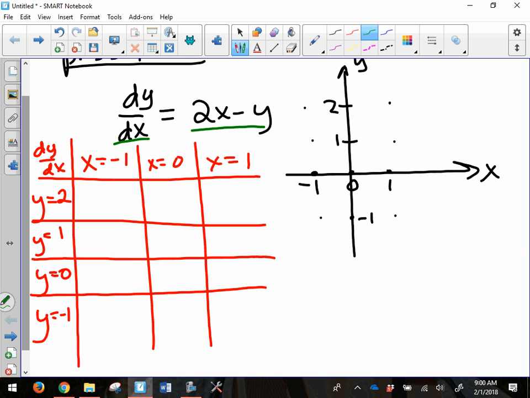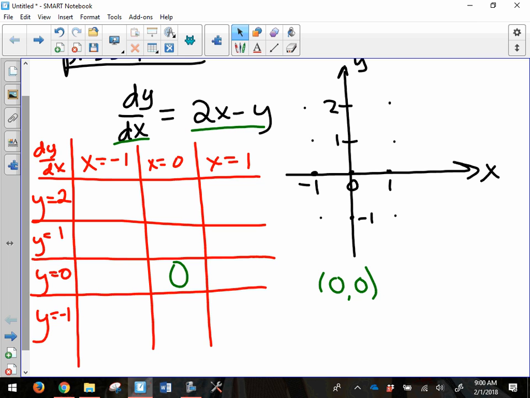So for instance, if we took 0, 0, what are we going to get for dy/dx? 0. Okay.